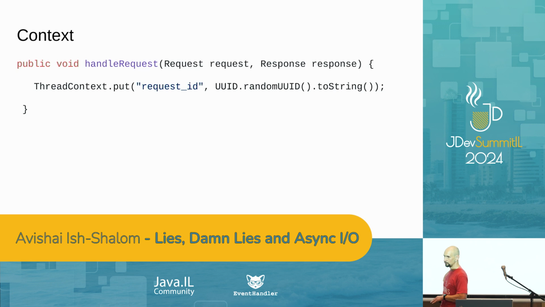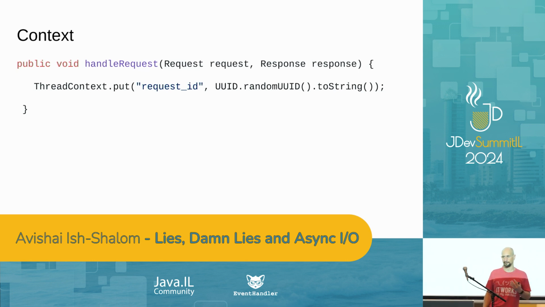Most of the logging frameworks in Java have something like this. This is implemented using thread locals. In newer JVMs, we have something even cooler, which is the same as thread locals, but has hierarchical spaces. Look it up, it's really cool. But this is a feature that we really want for tracing, for logging, and for many other things, and it exists by default in all the synchronous frameworks.